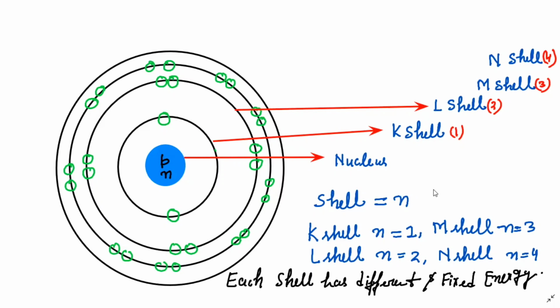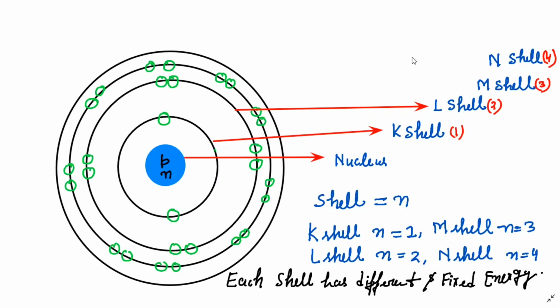Each shell has a different name. The shell closest to the nucleus is the K shell, the second shell is the L shell, the third shell is the M shell, and the last shell is the N shell. The outermost shell has a specific name, the valence shell.